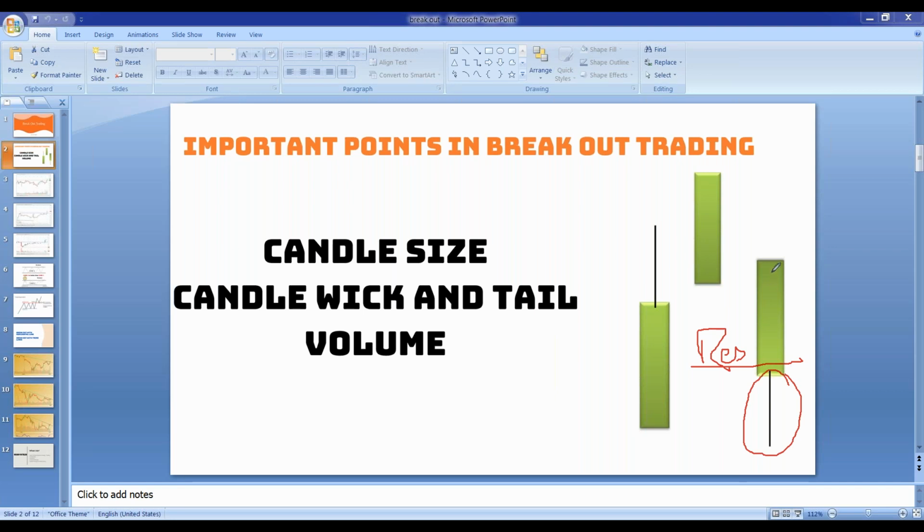It means the candle length is also large, and at the lower area there is also a wick. It means the force of the candle is high, buying has happened, and the resistance is also getting broken. So in this scenario, we can say that this breakout might work.